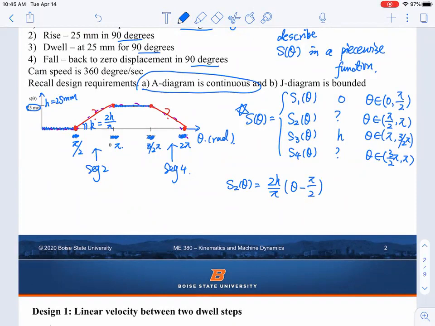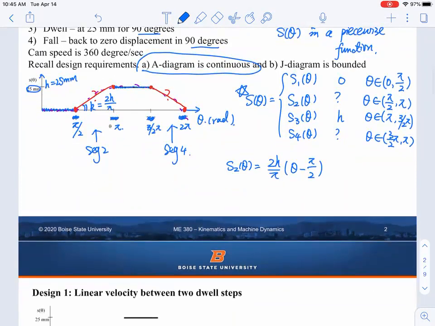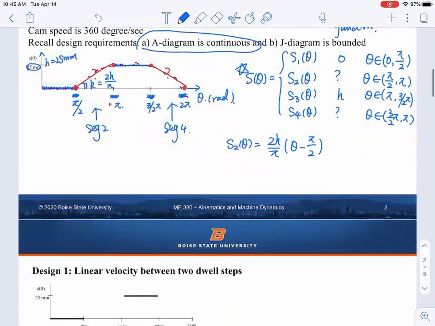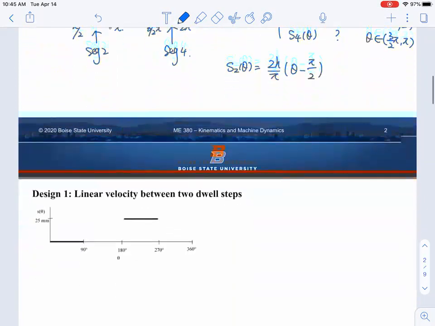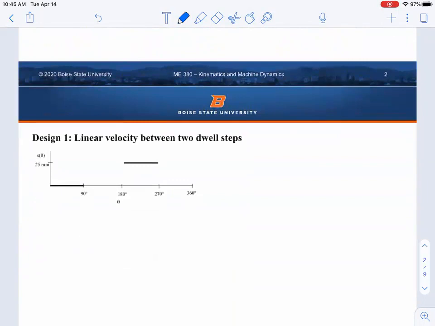If you use a linear function, that's your S2 theta. Once you design your S, you should always check your velocity and acceleration. If your displacement is a linear line, then what do you have in your velocity, v theta?